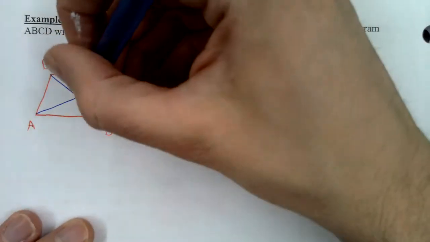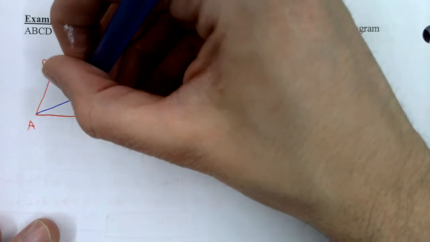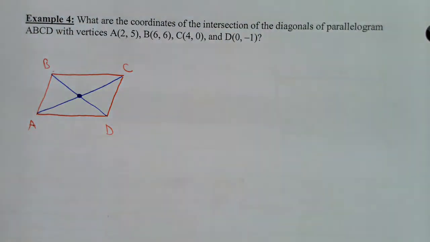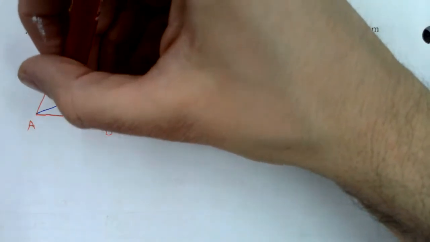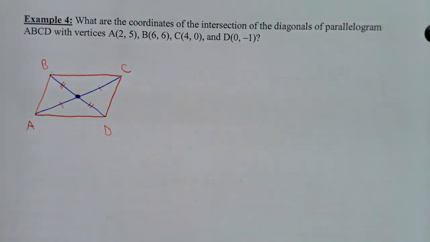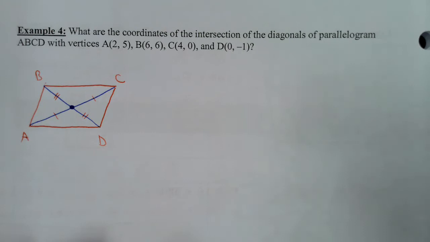So I'll just label that dot right there. How can you find that point? One way to find it is, since you know this is congruent to that, and this is congruent to that, just find the midpoint of one of the segments. Let's find the midpoint of AC.